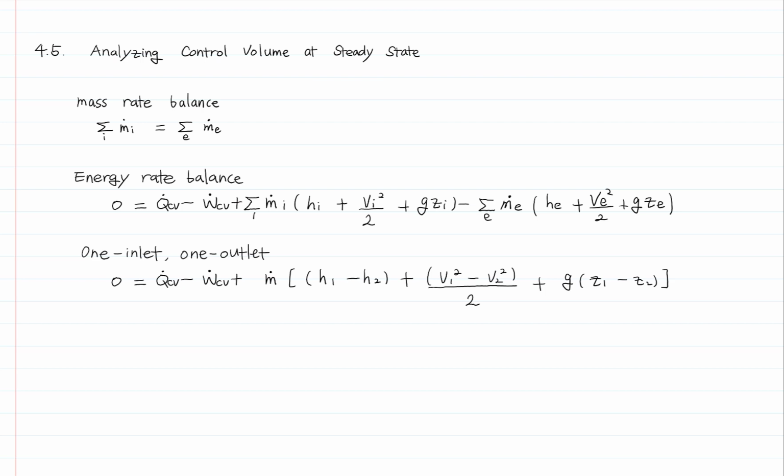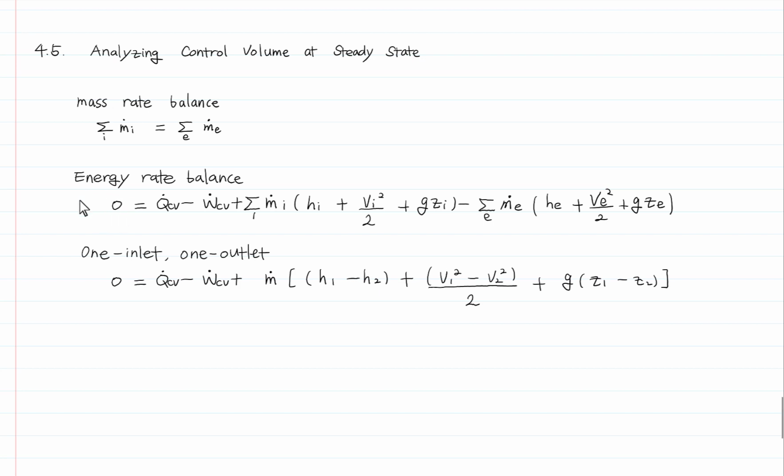4.5 Analyzing control volumes at steady state. At steady state, the properties do not change with time. So there is no change in mass of the system with time. This means that the mass flow rate going into the system equals the mass flow rate going out of the system.